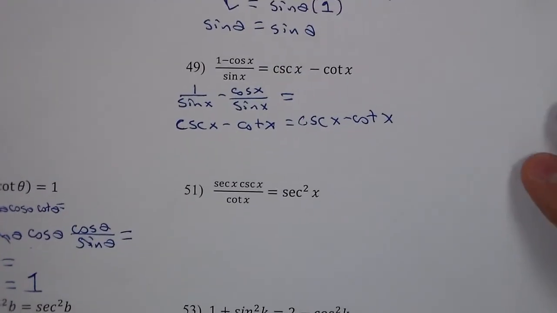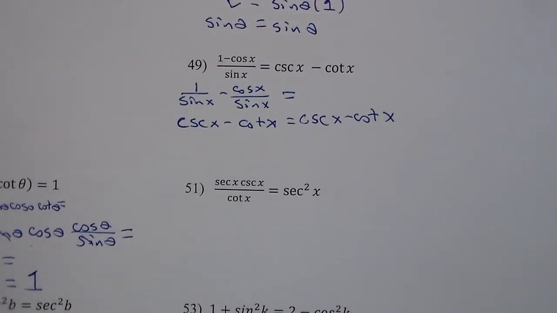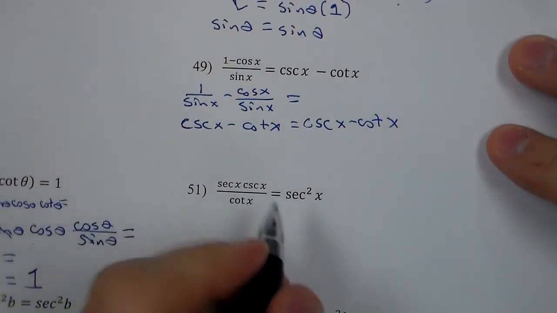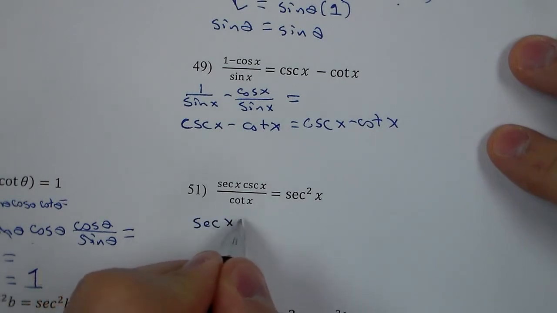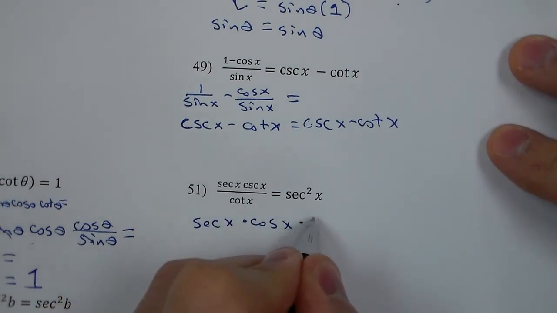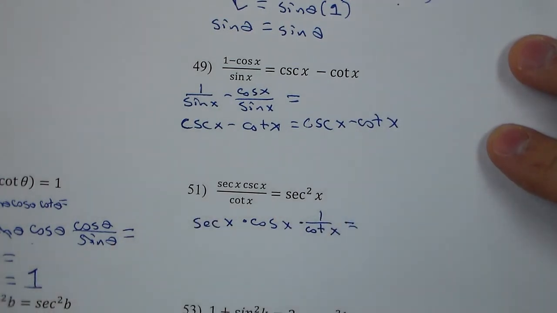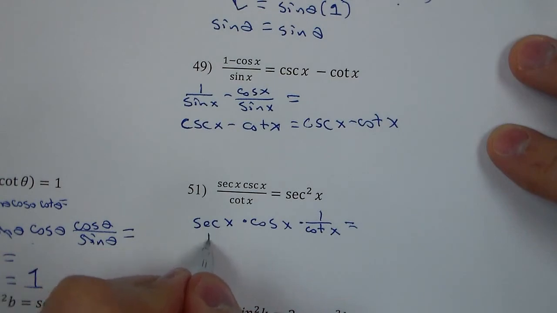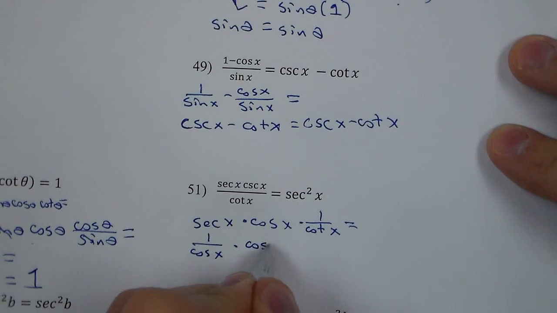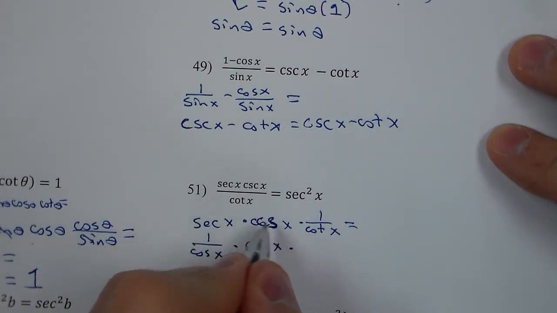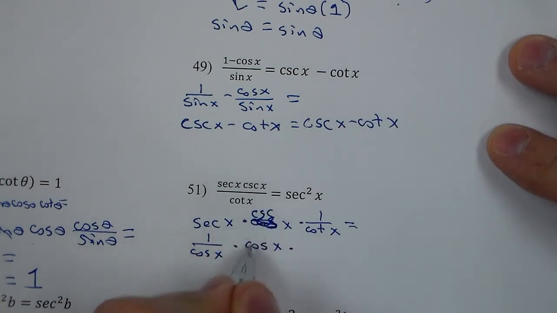For number 51, the way I approach 51 is I'm going to write them all out on the left-hand side as secant x times cosecant x times 1 over cotangent x. Now I'm going to change them all to be in terms of sine and cosine. Secant is 1 over cosine x. Cosecant's reciprocal is sine.